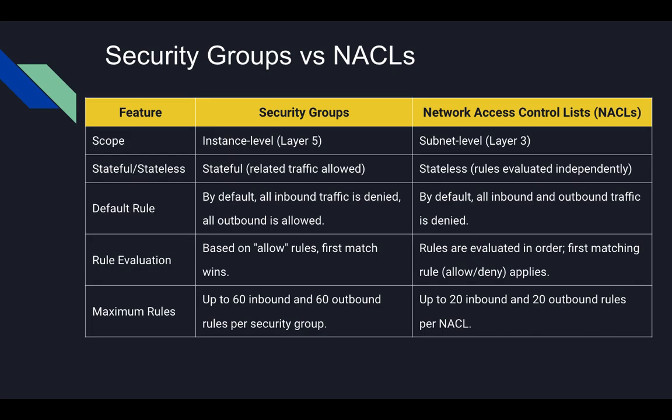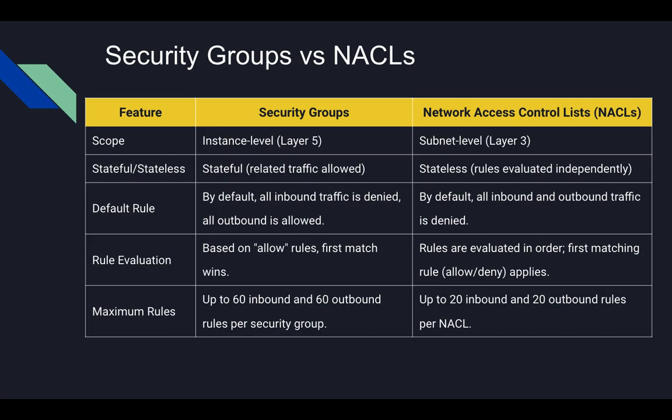Whenever you create a default security group, inbound is completely denied and outbound is completely allowed. If you add a security group to an instance, by default all ports are blocked to incoming traffic, meaning whoever wants to access that instance is blocked, and the instance can access the internet.